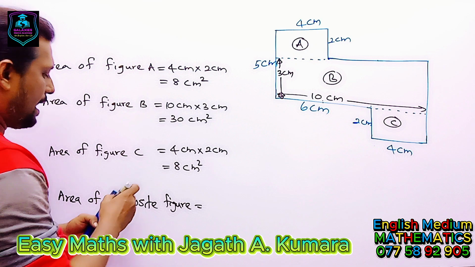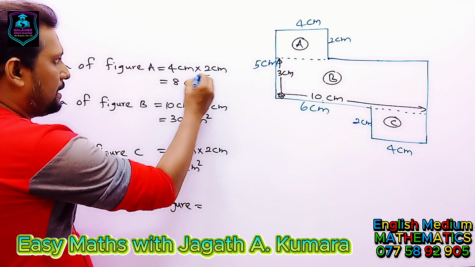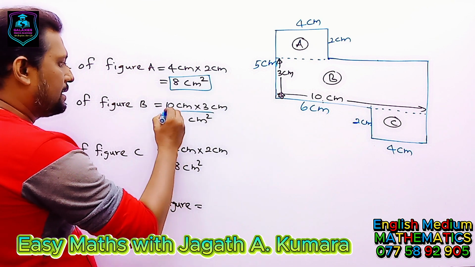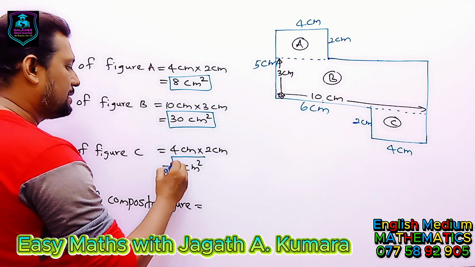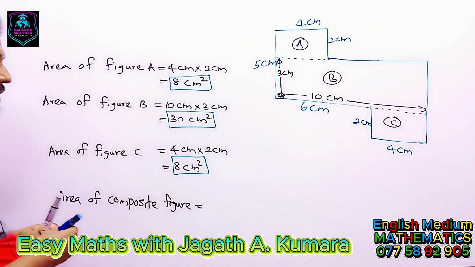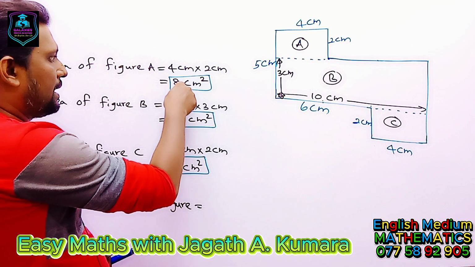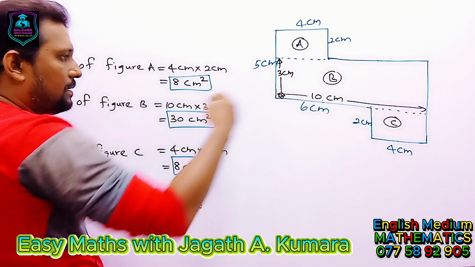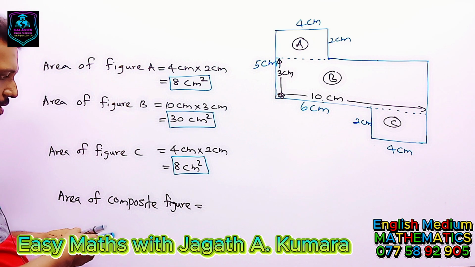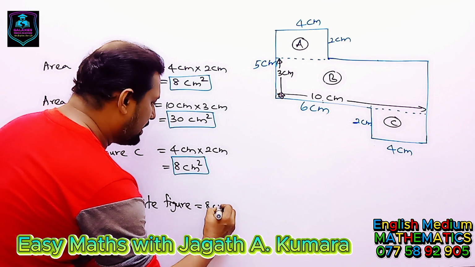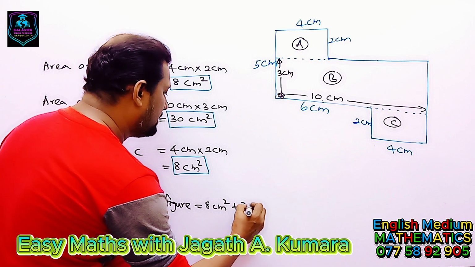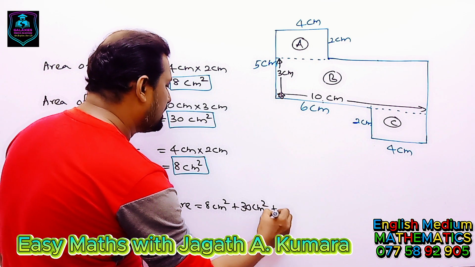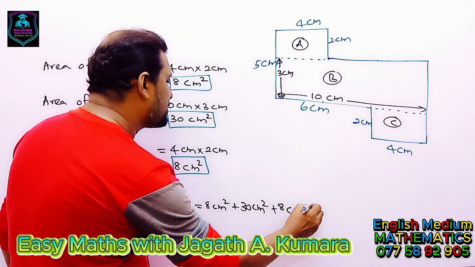You have to add this 8 square centimeters, 30 square centimeters and 8 square centimeters. By combining these three parts, this one is made.